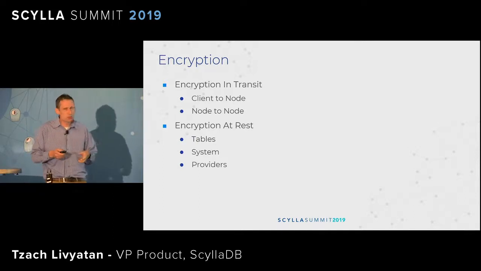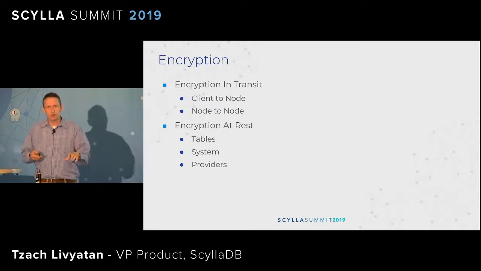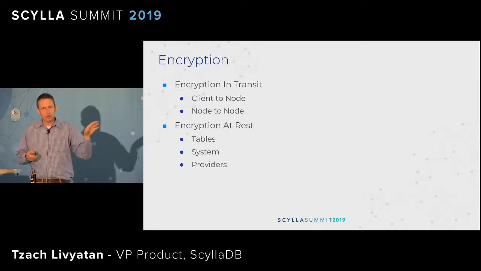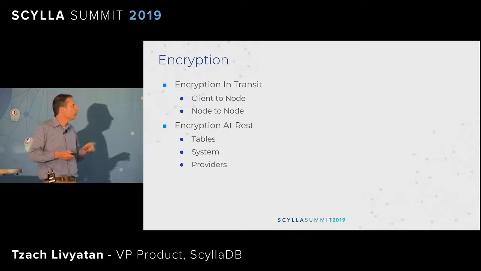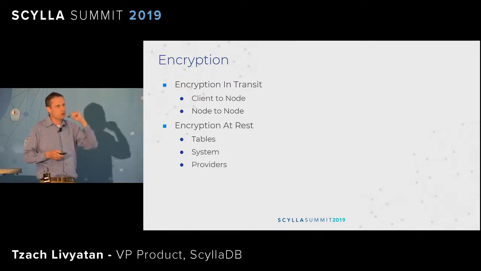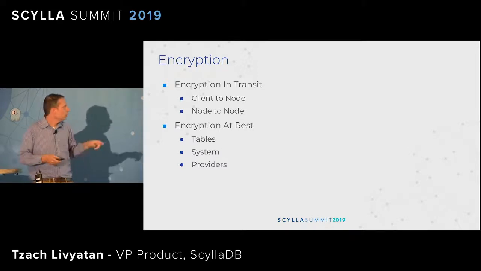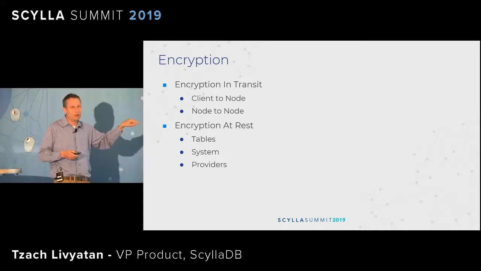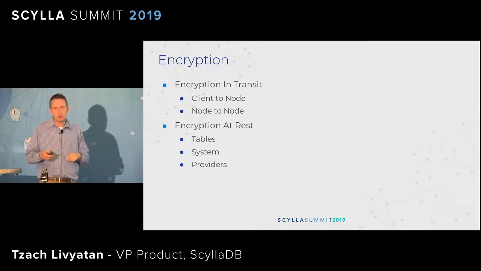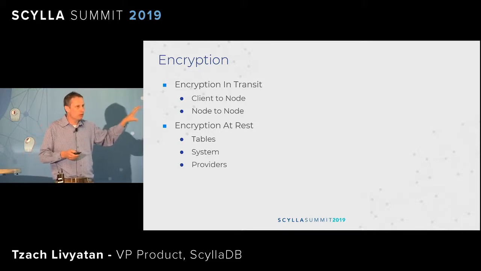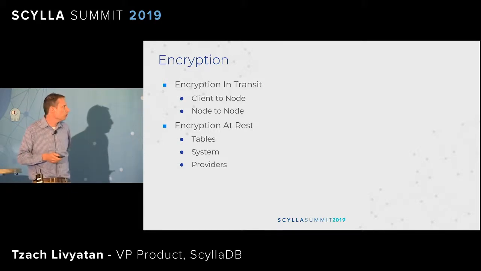Encryption at rest is encryption of the data on storage. I will touch on each of them separately. One thing to remember: encryption in transit and all the features that I covered so far are available on Scylla open source. Encryption at rest is only available on Scylla Enterprise. That's the only enterprise-only feature that I covered so far.